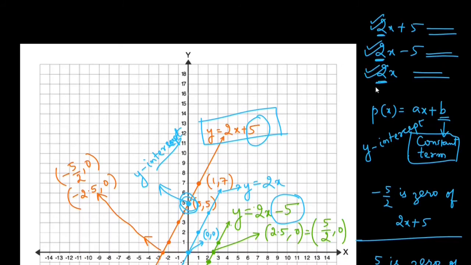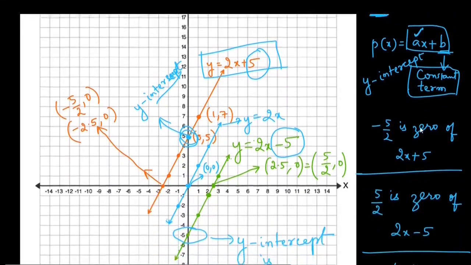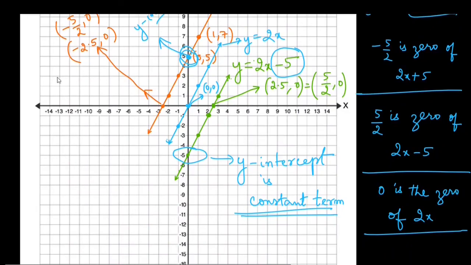When the coefficient of x term changes, the orientation changes. Here in general form, ax plus b, if the value of a changes, the orientation of the line changes. Say for example, a line is here in this way and a line is here in this way.